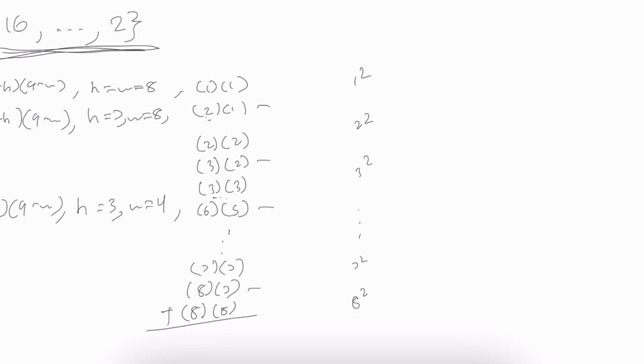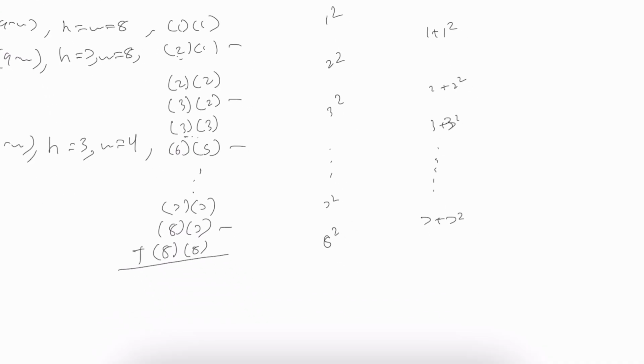So we could write this as 1 plus 1 squared. 2 times 3 would be 2 plus 2 squared. And then we'd have 3 plus 3 squared. This will continue until 7 plus 7 squared.